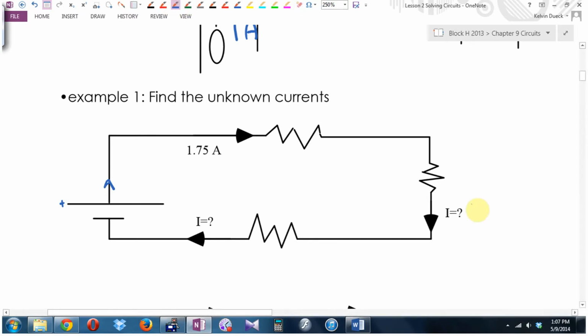This is the current rule. If in this circuit you also measured the current at the bottom right here, how many amps would you measure? 1.75. If I'm solving a circuit, generally if I know total current, the rest of the circuit is going to fall apart.